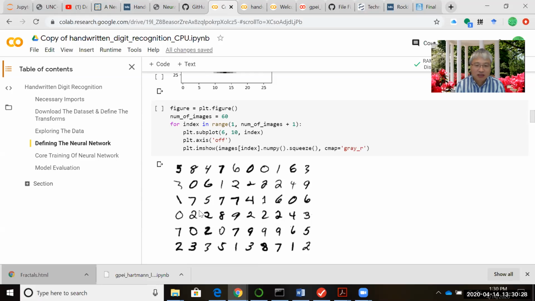But now, of course, this has become a toy model for learning. It's no longer a challenging problem. So this is something you can play around with.